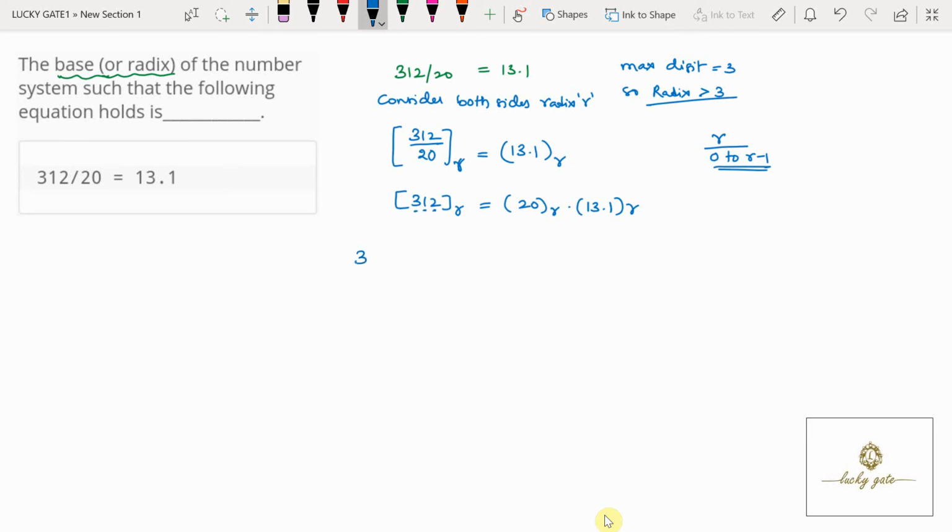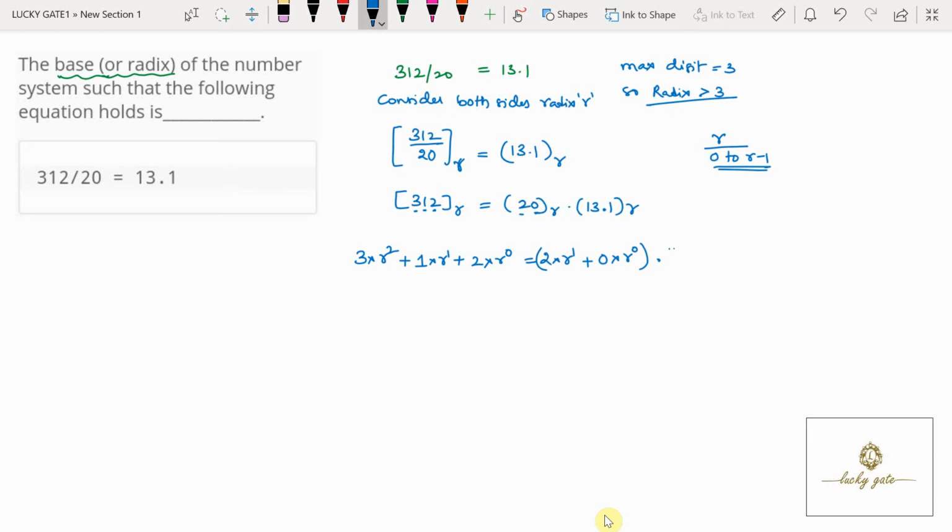We can write this as 3 into r square plus 1 into r plus 2 into r power 0 equal to, now 20 means 2 into r power 1 plus 0 into r power 0. Now this is multiplied with 13.1 in base r.